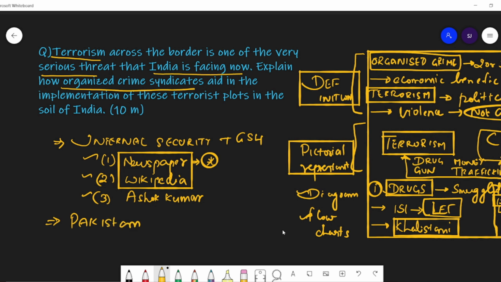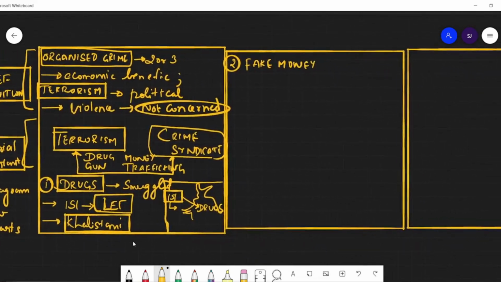Usually the mistake we make in the mains hall is that we see a question and start thinking from only one angle, but mains is about giving different perspectives. The question is talking about terrorism across the borders of India. Indian borders extend across a lot of states and a lot of countries, so your answer should also have all other countries.